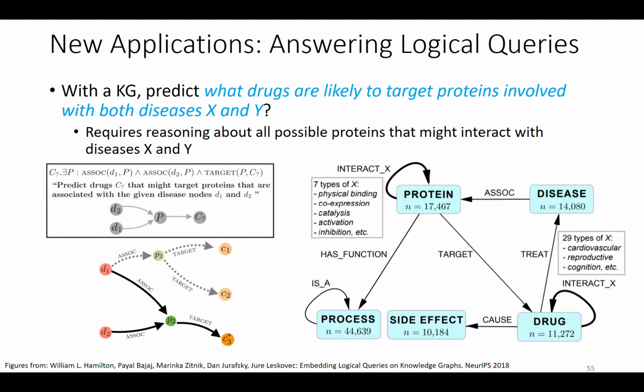Finally, I would like to mention some applications of knowledge graphs that can be solved by recently developed graph-based learning methods. The first one is a knowledge graph question answering problem from this nice work at NeurIPS 2019. A typical question is, what drugs are likely to target proteins involved with both diseases X and Y?